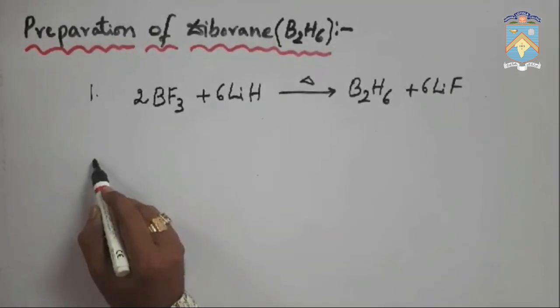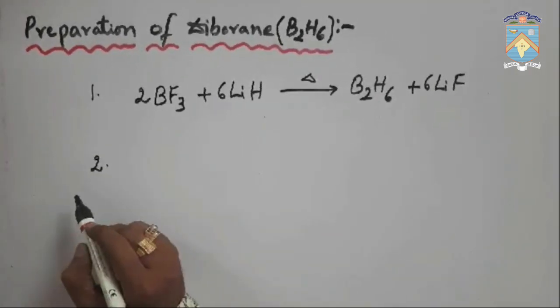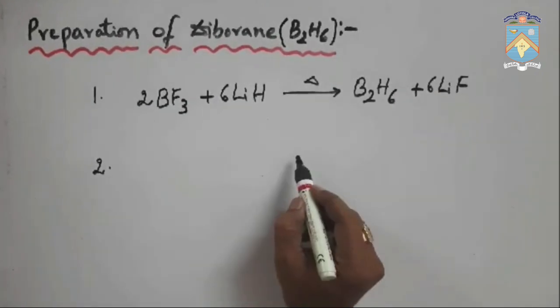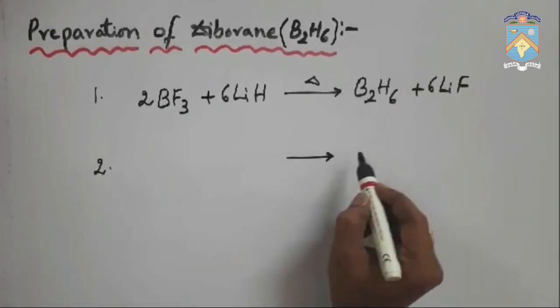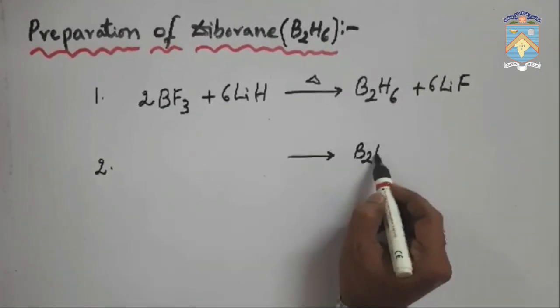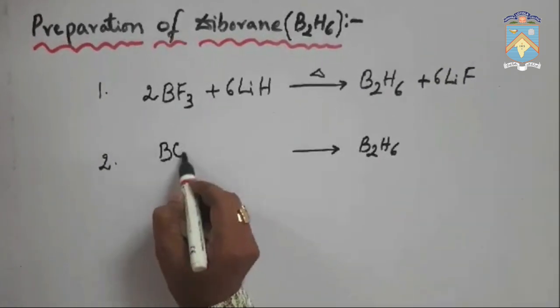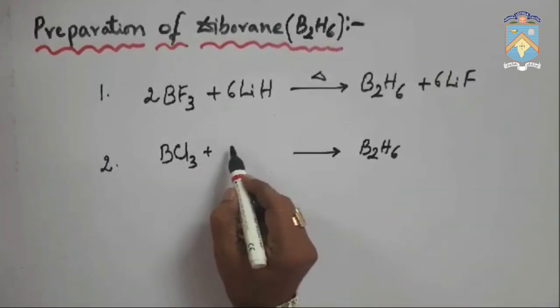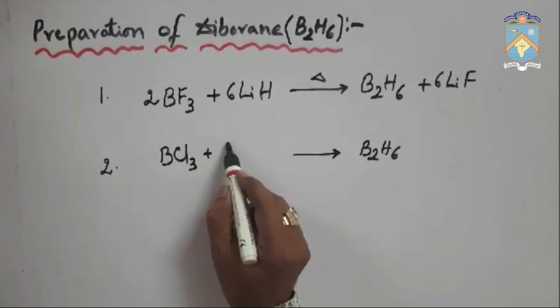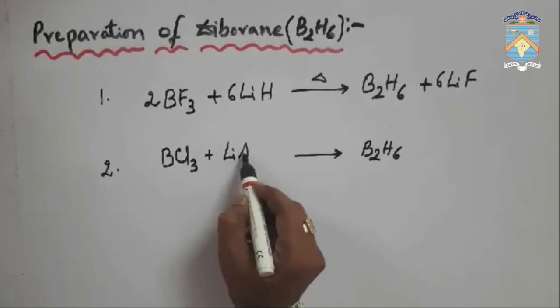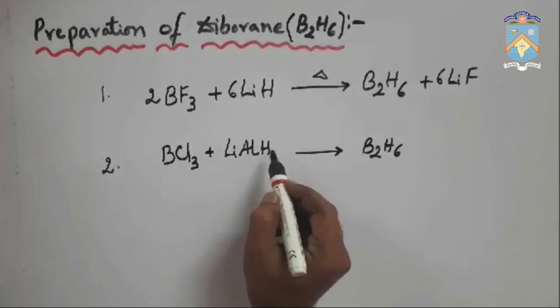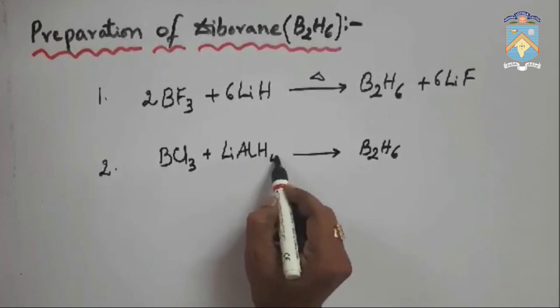Now the second method is a very important method where diborane is prepared by the action of boron trichloride this time, namely BCl3, with a very strong reducing agent, namely lithium aluminium hydride, LiAlH4.